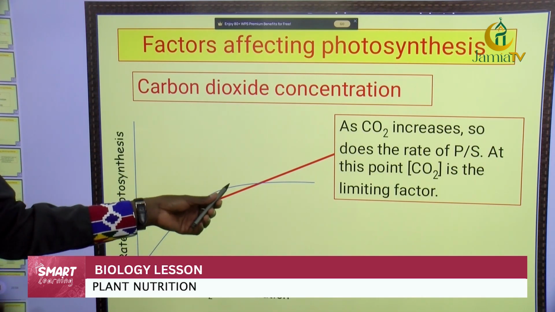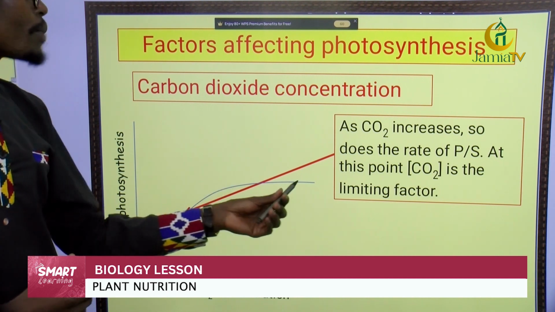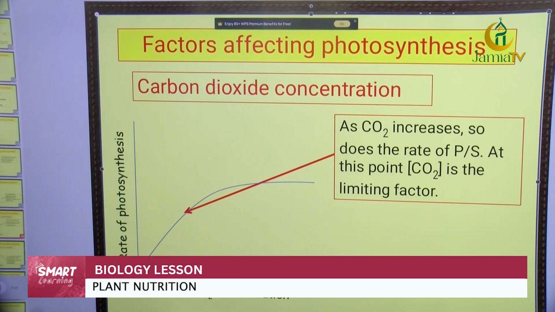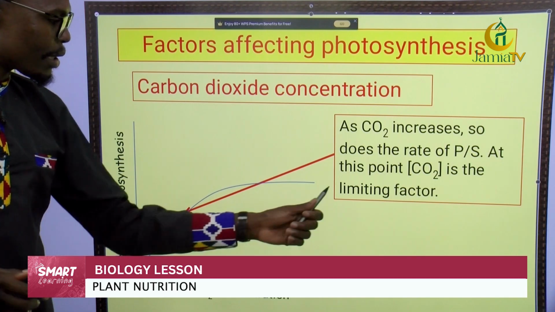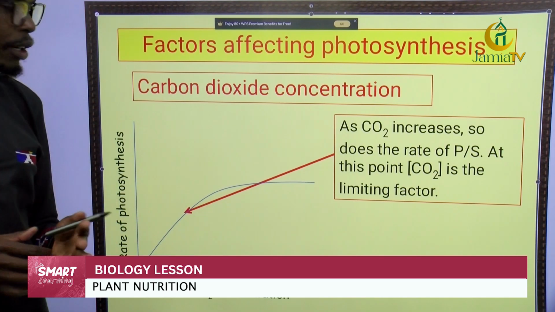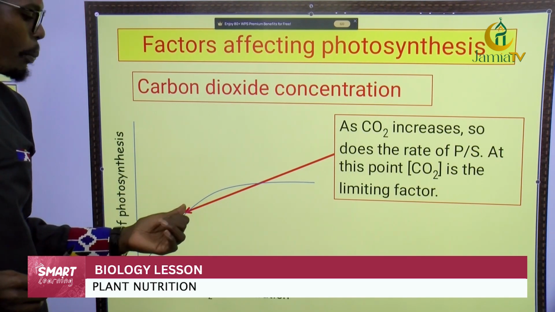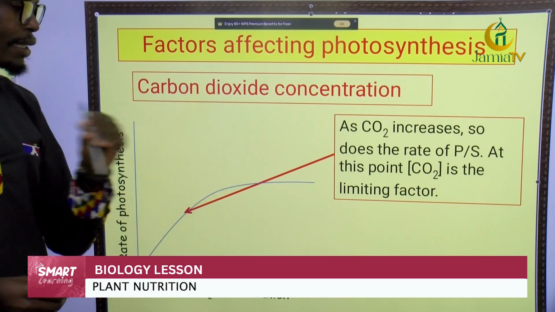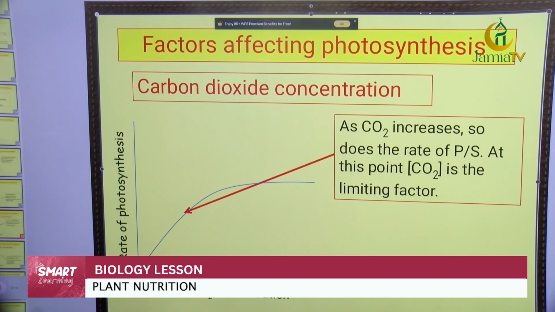So as you increase it to the maximum level, it will flatten. Why does the graph level off? Because you have supplied enough carbon dioxide and other limiting factors are kept constant.